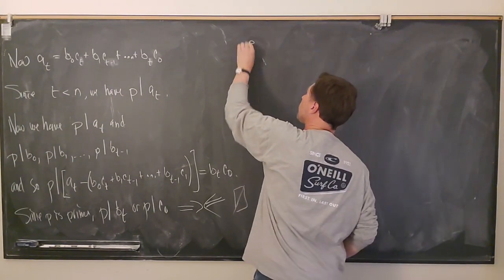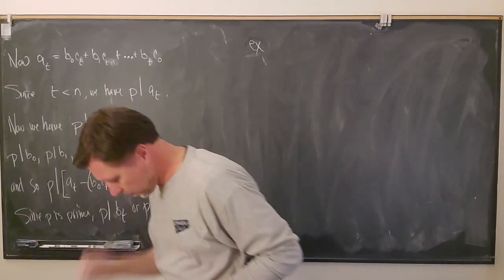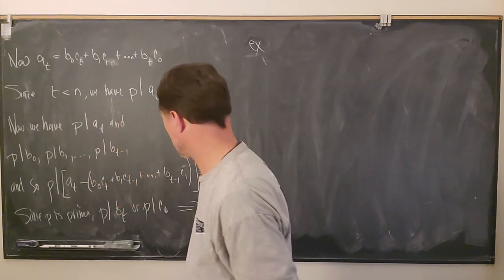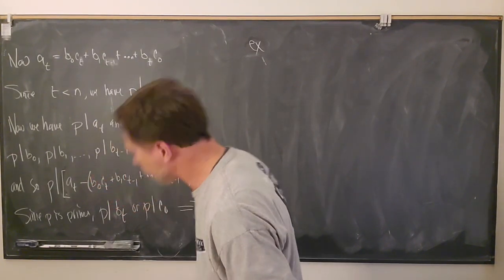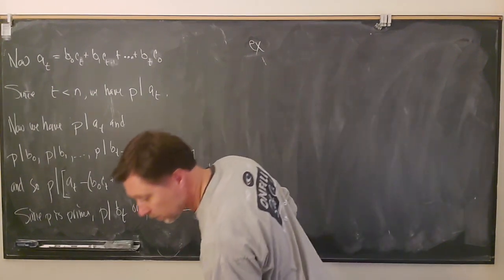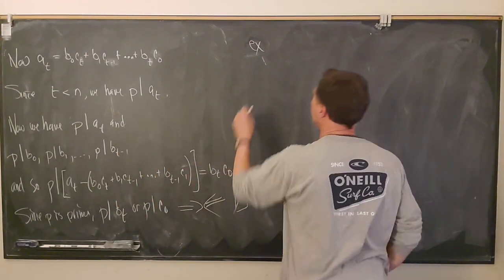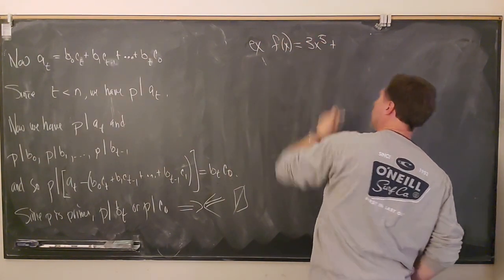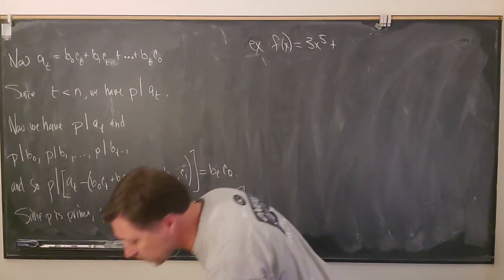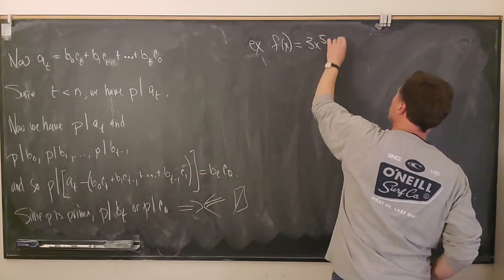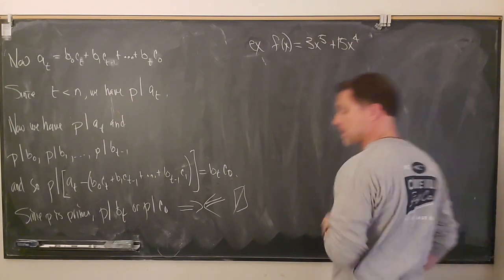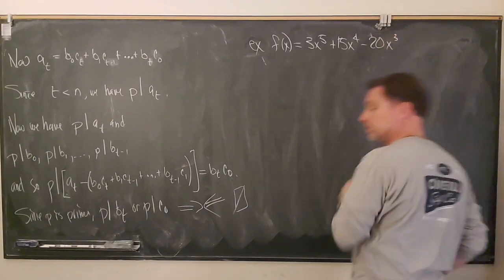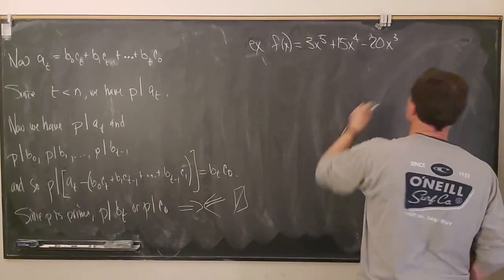As an example, let's look at the polynomial f of x equals 3x to the 5th plus 15x to the 4th minus 20x cubed plus 10x plus 20.